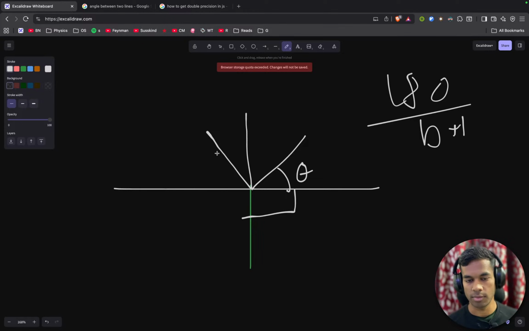So if we have three branches, then the angles in which these three branches are dividing this whole 180 degrees are going to be equal to each other. So it does not matter if I am doing 270 minus theta or 90 plus theta, then plus theta again and plus theta again, because these angles are equal to each other.